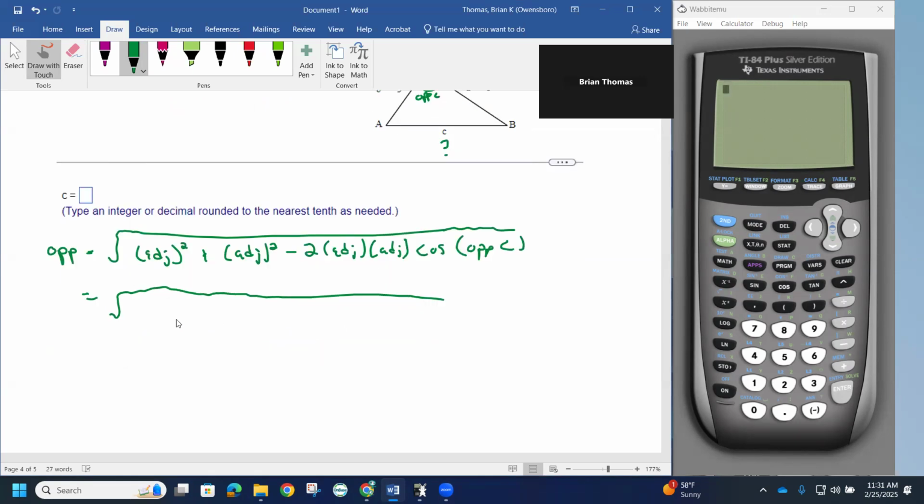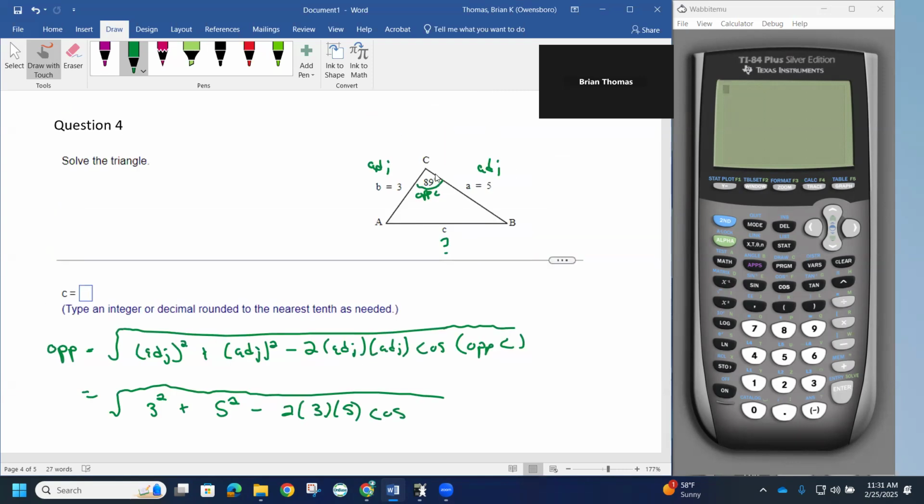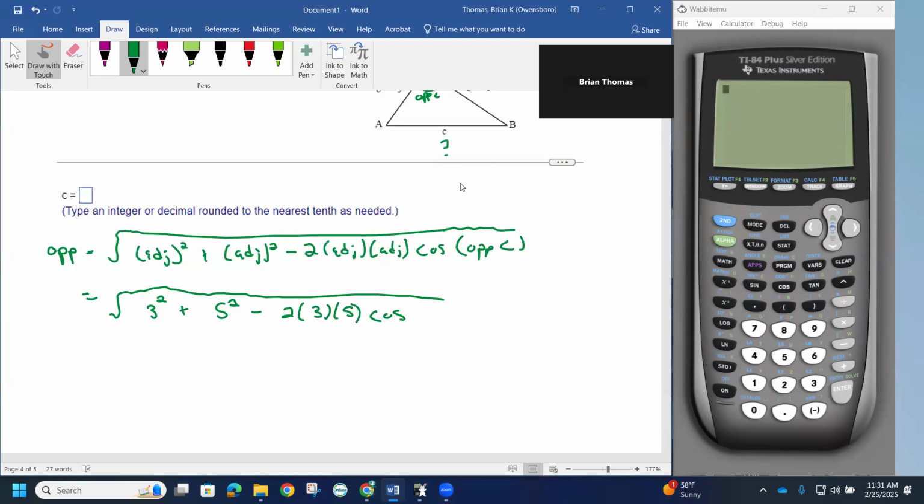So we have a 3 squared plus a 5 squared minus 2 times the adjacents, which is 3 times 5, times the cosine of the opposite angle, or also called the included angle, which is the 89. So my mode is already in degrees, so we should be good to go.